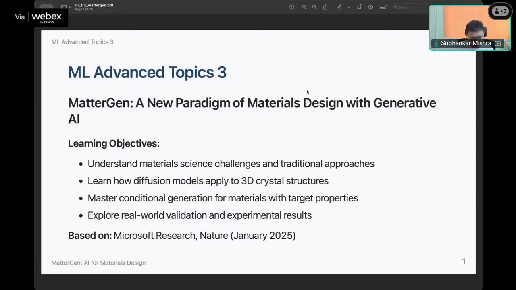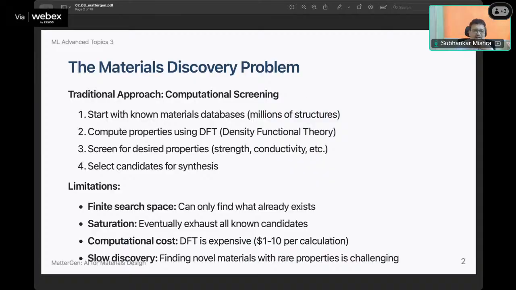Additionally, conditional generation of materials with target properties was also kind of new. And how did that translate into finding new materials? Some of the things I have written, so you should correct me wherever I'm going wrong.